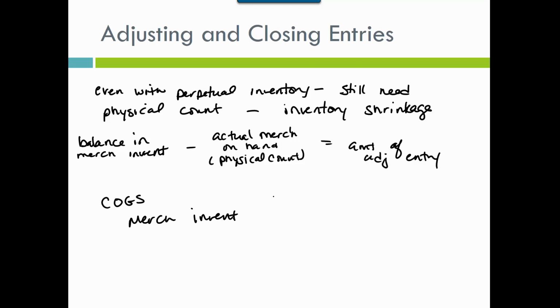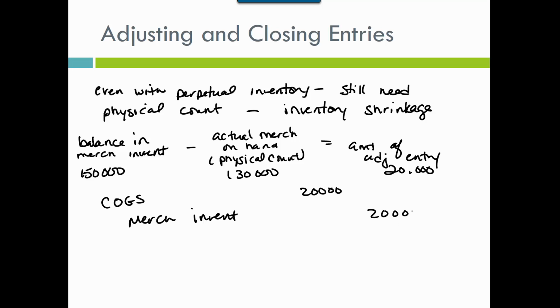So if my records say my inventory count says I have 150,000 in inventory, and then I do a physical count and I've got 130,000, then the difference of 20,000 is the amount of my adjusting entry. So I debit cost of goods sold. I'm adding that to expense. Even though I didn't sell it, it's still an expense to me because this is just part of doing business.